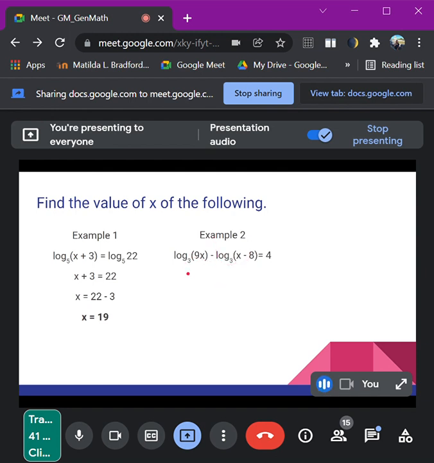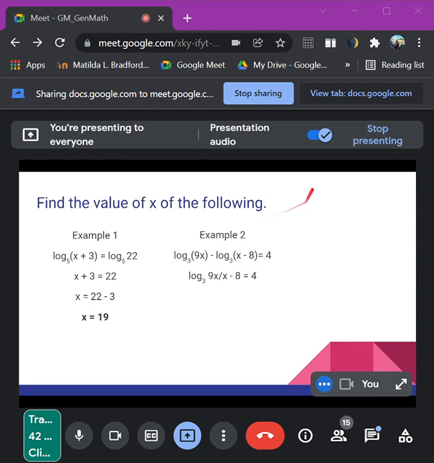You will have log of 9x over x minus 8 with base 3 equal to 4. Meaning to say, class, from two logarithms here, we combined it into a single one using our quotient rule.